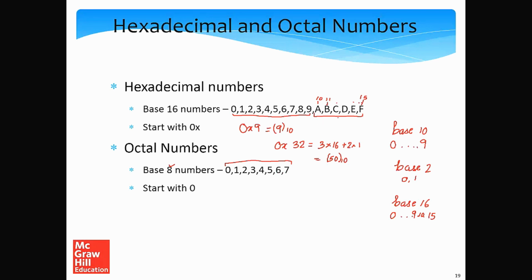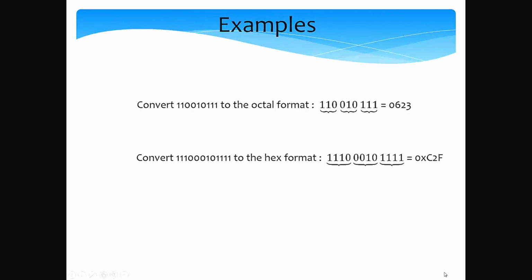We don't need to introduce any new digit, and octal numbers start with a 0, so maybe the number 042 will be equivalent to 4 times 8 plus 2. So this is equal to 34 in base 10. We can work through many more examples, but I would suggest that we move forward and the reader spend some time at this particular slide, which is slide 19, to convert numbers between arbitrary bases.